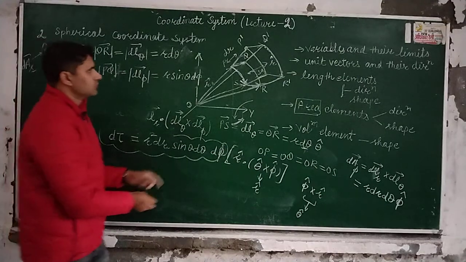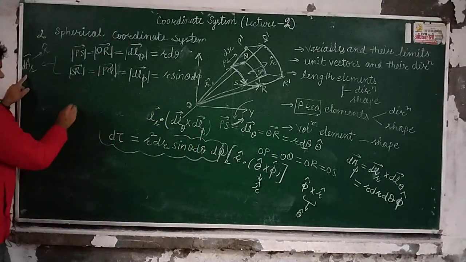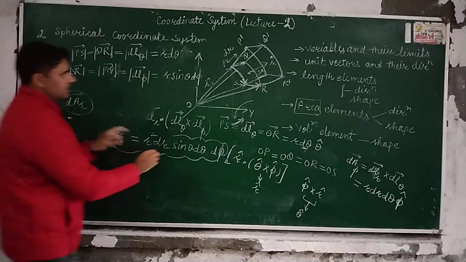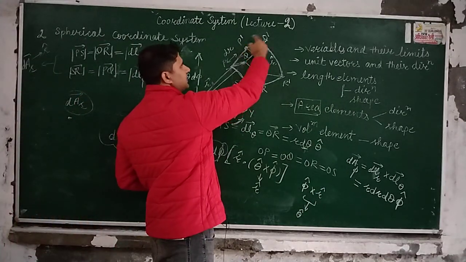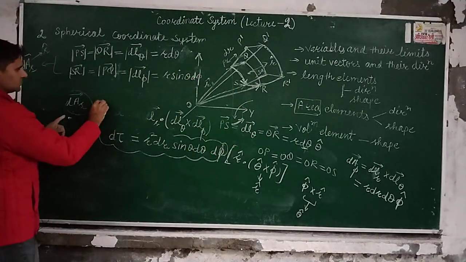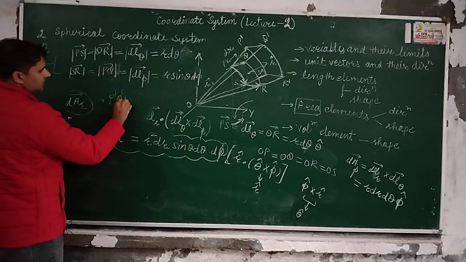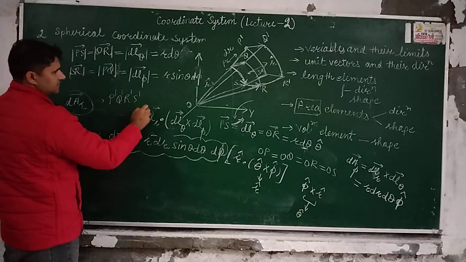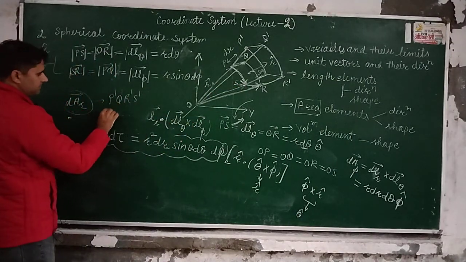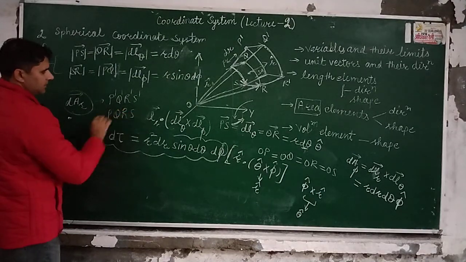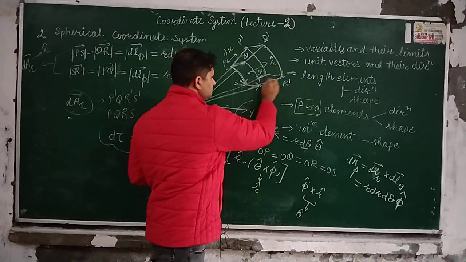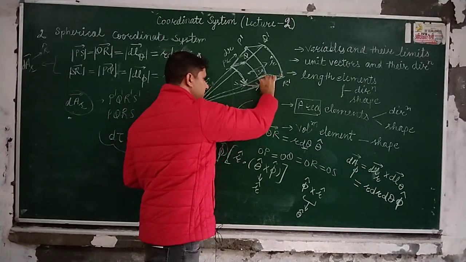Now we are to take the idea of different surfaces. If we talk of the surface dA_r, then it will be this one surface, P dash, Q dash, R dash and S dash, and at a distance of r, this will be P, Q, R and S. Now I am talking of this surface area.